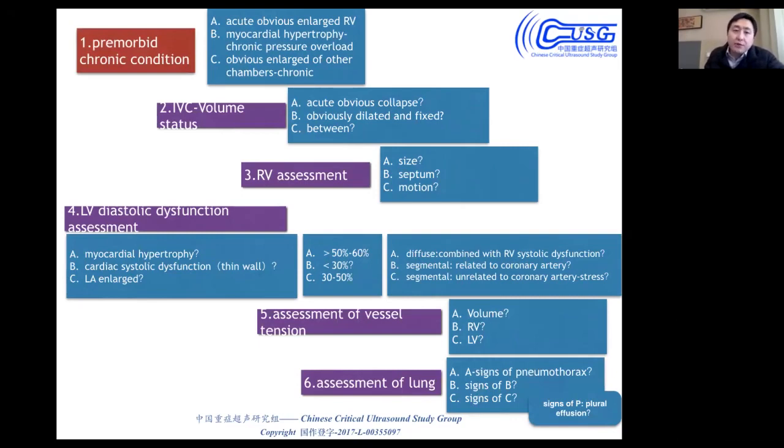We'll review the six steps of the standard hemodynamic assessment approach we recommend.